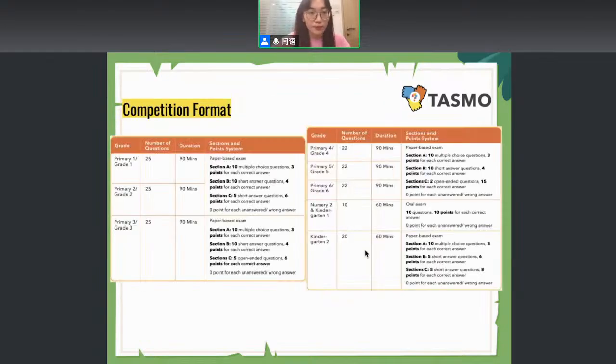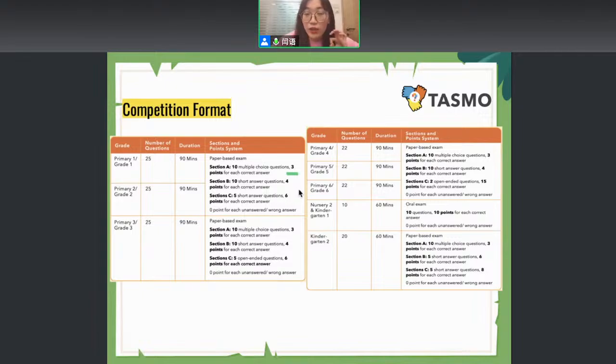Okay. And here, about the competition format. Here, I want to mention more. Here, everyone, you see, for the paper for P1 and P2, we have 3 sections, section A, B, and C. For section A, they are 10 multiple choice questions and 3 points for each.